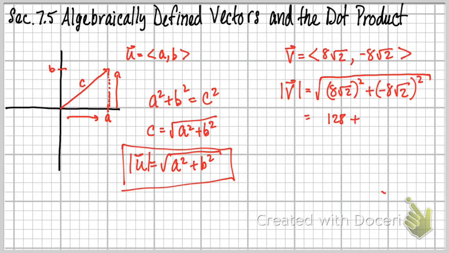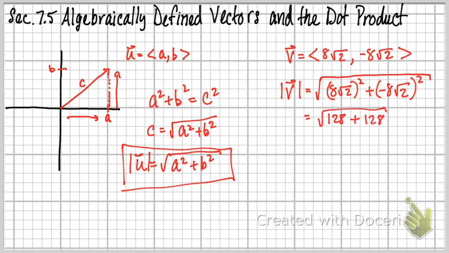Plus, because a negative times a negative is positive, that's going to be a positive there. The square root of 2 squared is just 2, so again that's 64 times 2, which is 128.